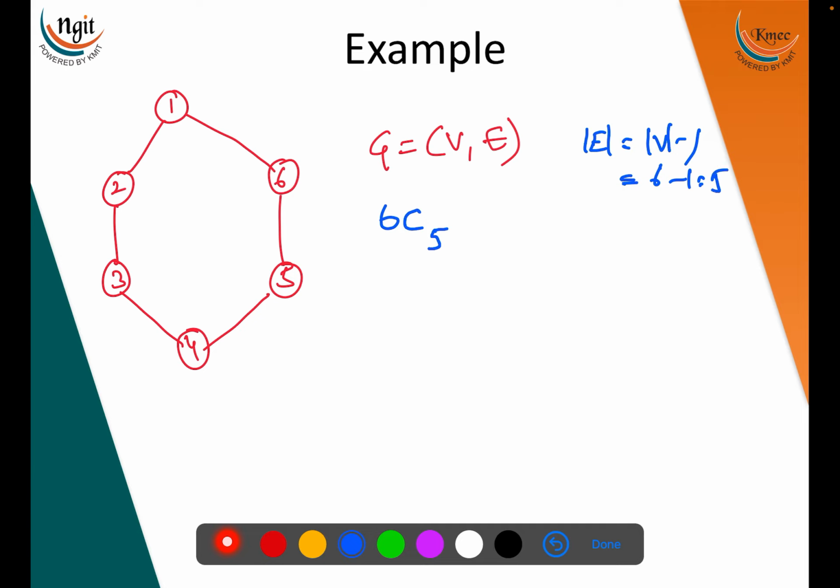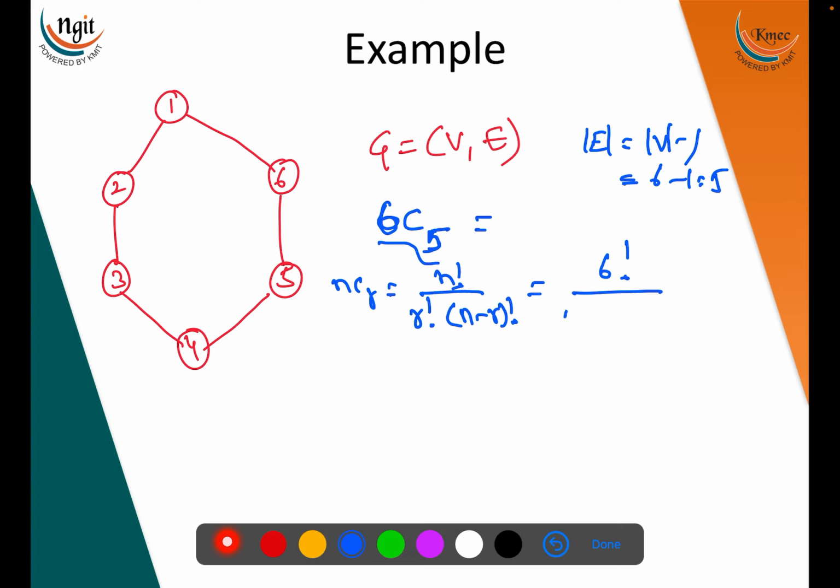So when you have 6 vertices, you have to choose only 5 edges. So it is something like nCr, correct? So what is the 6C5 value? If you take nCr, that is n factorial by r factorial into n minus r factorial. So we'll write what?